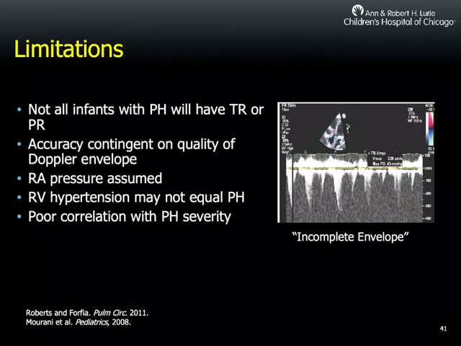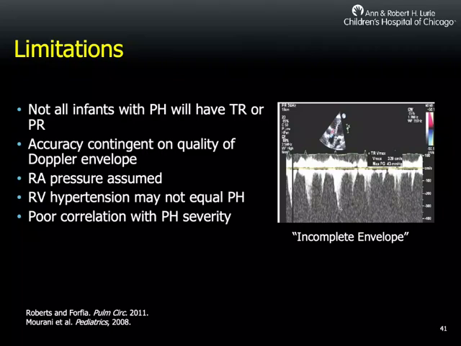So again, there are limitations. Not all infants with PH will have TR or PR, and this can be reported, as mentioned, as an incomplete envelope. Here's a picture of that: it's hard to see where the full envelope is, and so you aren't sure where that peak velocity is.